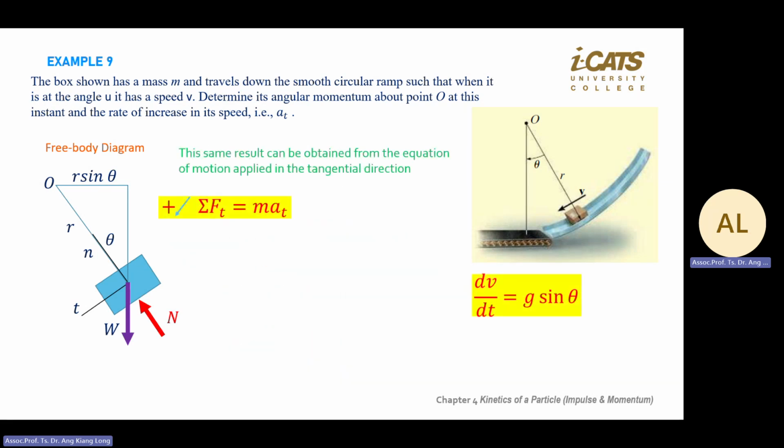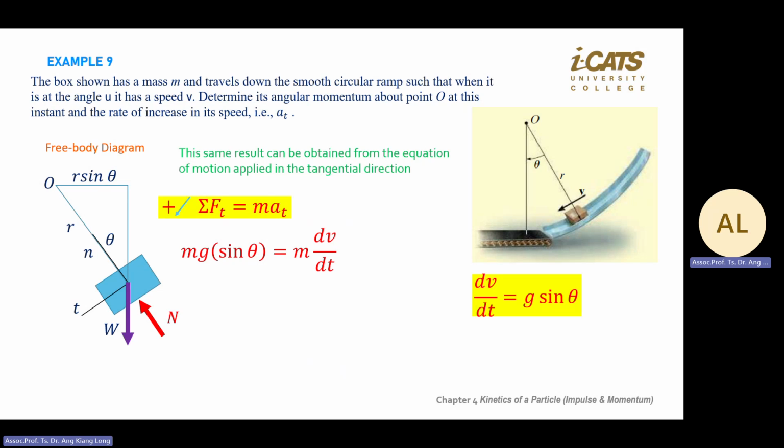Okay, if you want to use the F equal to ma equation to solve, you also can, which is applied from your chapter 2. You'll get the same answer. In the tangent direction, you only have W sine theta. The normal force is in the normal direction, so there's only one force.